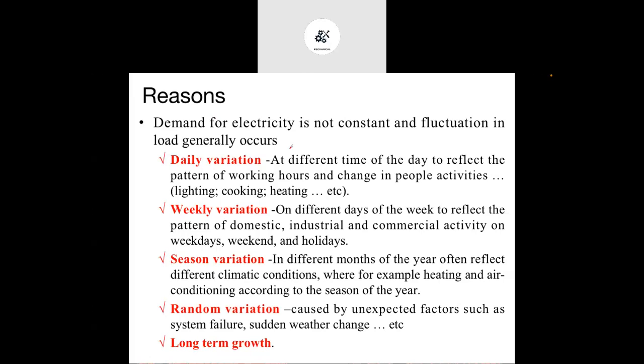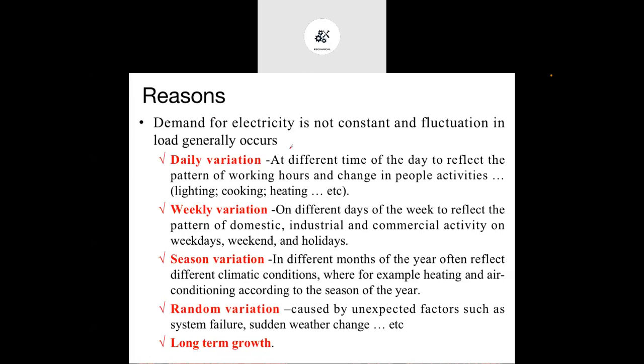So first we have to study how the demand fluctuates during a day, a week, a season, etc. If you draw the load curve, we will get the idea, and based upon that demand variation, we can generate the electricity, or generate the power.